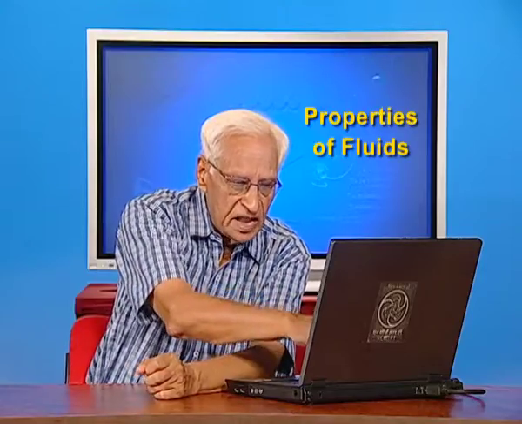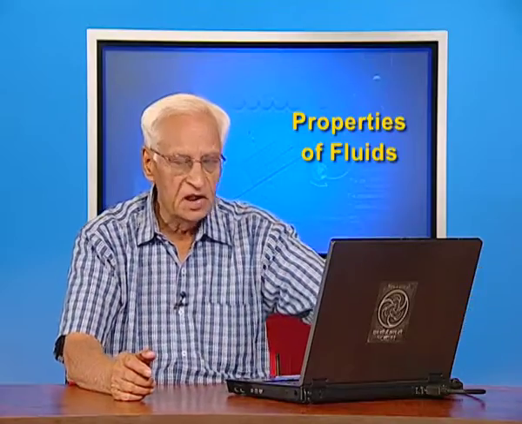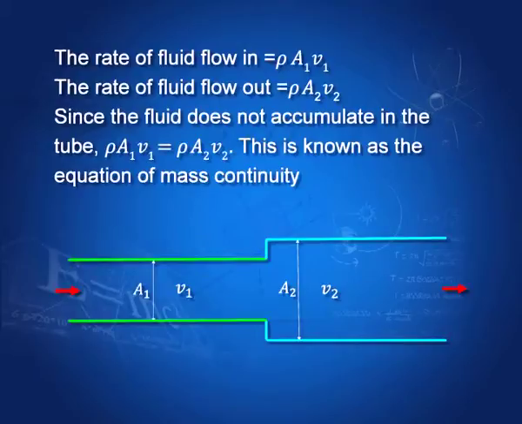Now, suppose we have a variable cross section A 1 here and cross section A 2 here. The fluid entering per second is rho A 1 v 1 and going out through this cross section is rho A 2 v 2, and rho is common. Therefore, A 1 v 1 is equal to A 2 v 2.